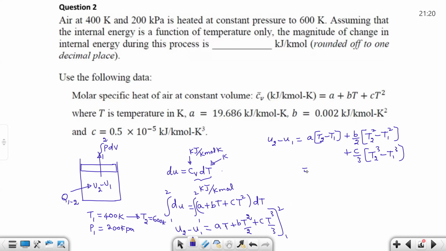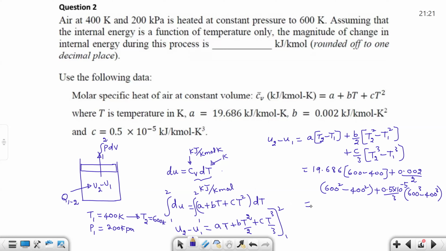A is given as 19.686, T2 minus T1 is 600 minus 400, plus B by 2, 0.002 by 2, into 600 squared minus 400 squared, plus C by 3, 0.5 into 10 power minus 5. So this much kilojoule per kilomole.